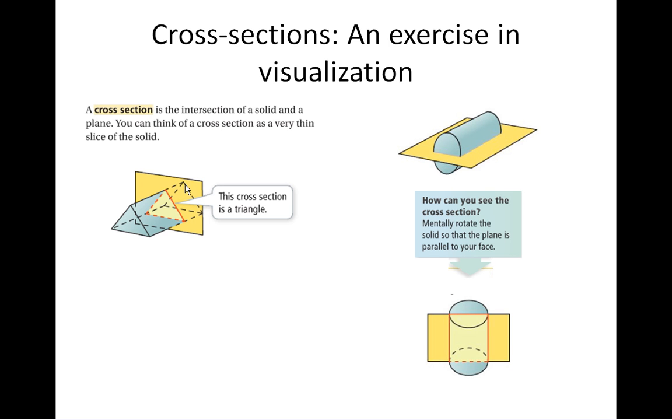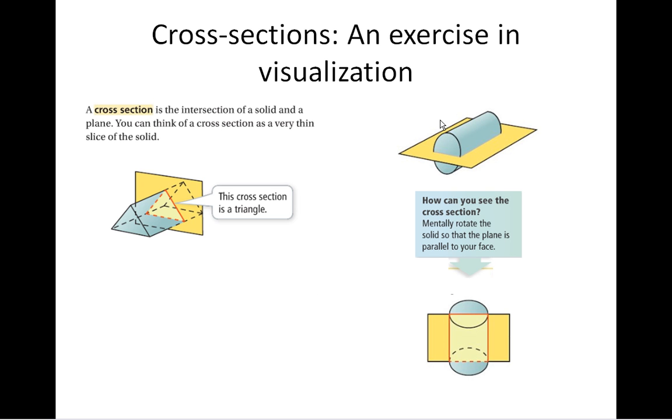If I look at this figure, which is a triangular prism, because the bases are triangles, and I take this cross-section, if I imagine it just cutting through, the shape that it cuts out is a triangle. So that cross-section is a triangle. For this cylinder, sliding the plane through the middle, if we visualize that cross-section, it makes a rectangle.